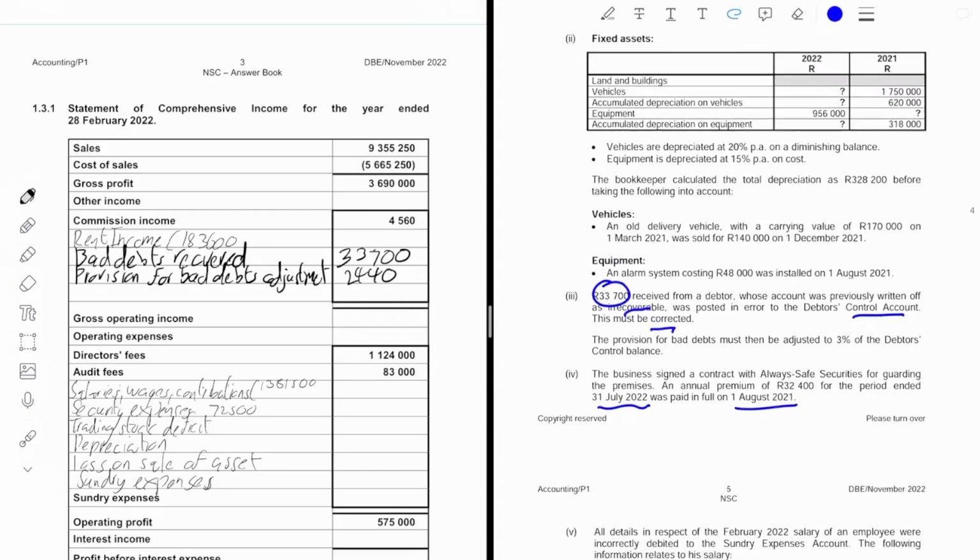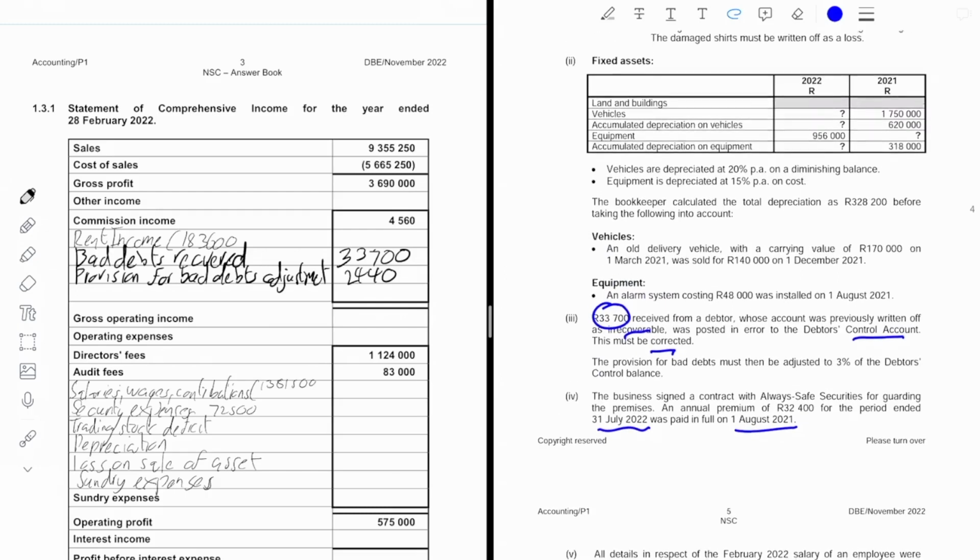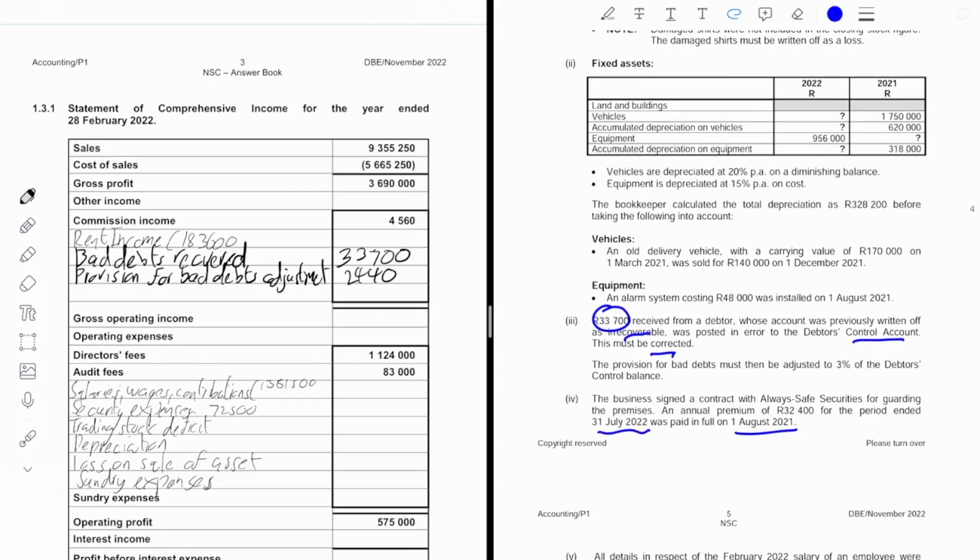Now this is your prepaid expense. And we prepaid by 5 months. So we need to take the 32,400 times 5/12.